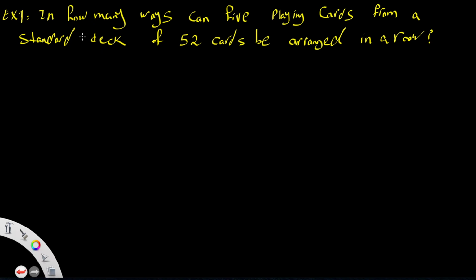First example, in how many ways can 5 playing cards from a standard deck of 52 cards be arranged in a row? So you have overall 52 cards, of which 5 are going to be selected. So N is 52, R is 5, which is 52 factorial over 52 minus 5 factorial, which gives you 47 factorial.